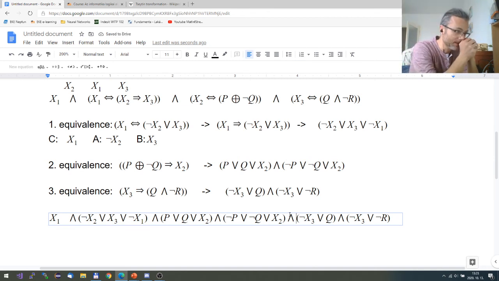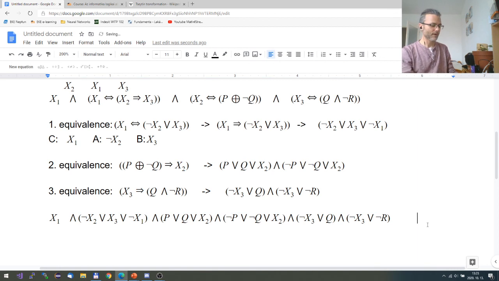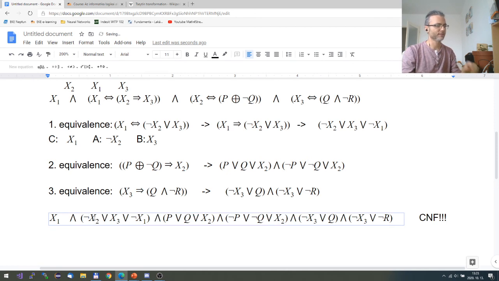Okay, and that's it. We already translated our formula to CNF. If you look at this, this is really a CNF. It consists of exactly 6 clauses.